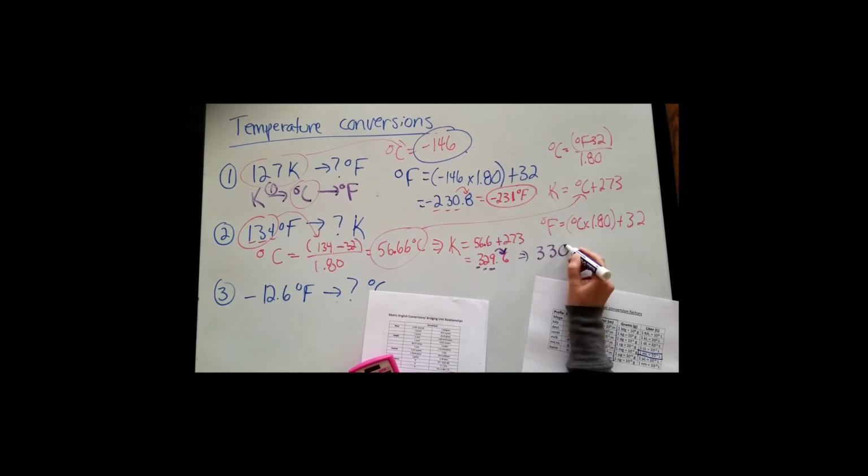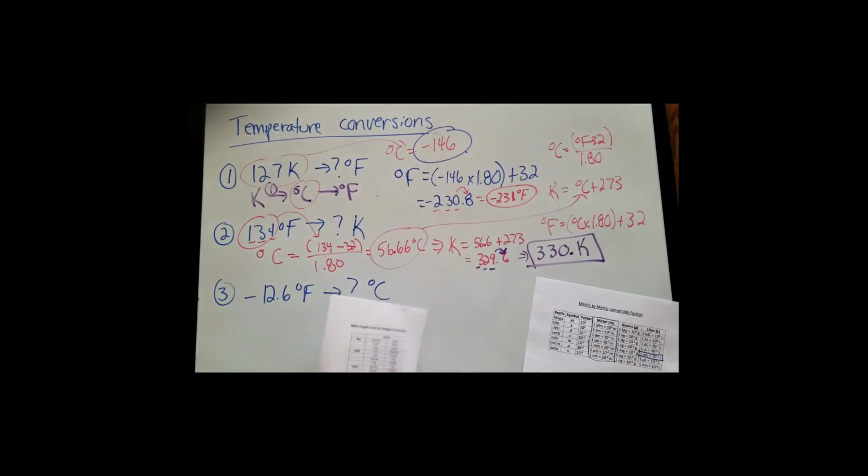Now, since I want 3 sig figs, I need this 0 to count as a significant figure. So to do that, I just add a decimal after it. Putting that decimal there tells me that 0 matters. And then end, of course, with the units of Kelvin. So that would be the correct answer for that one.